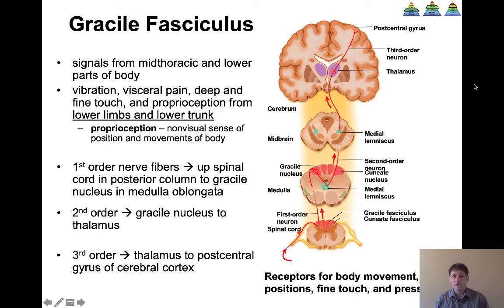So that information has to get all the way up to here from our lower limbs or organs, and it's going to pass through just those three neurons along the way. So as you're practicing this, think first order neuron from our sensory receptors to our medulla oblongata, second order neuron from our medulla oblongata to our thalamus, and third order from our thalamus to our post-central gyrus.